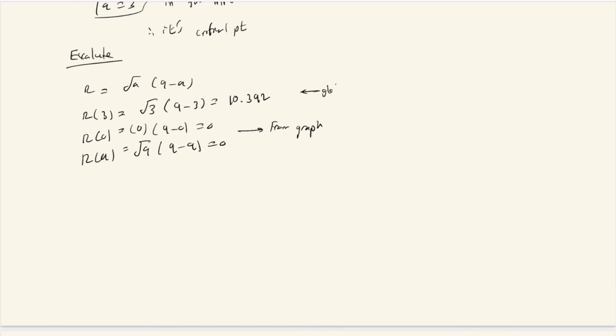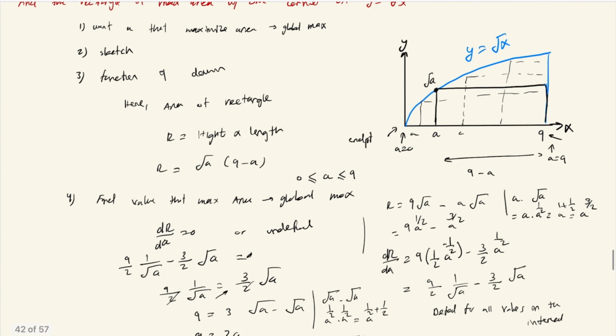So now we notice that we have a global maximum at a equal to 3, and the global maximum value is going to be 10.392. Remember, a is equal to 3, and the square root of a is just square root of 3.